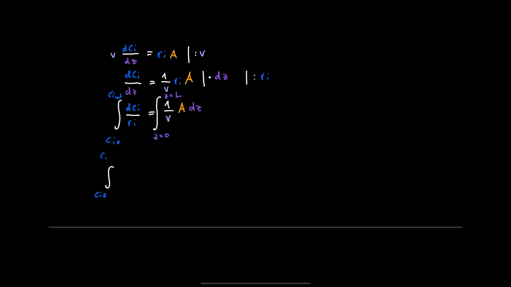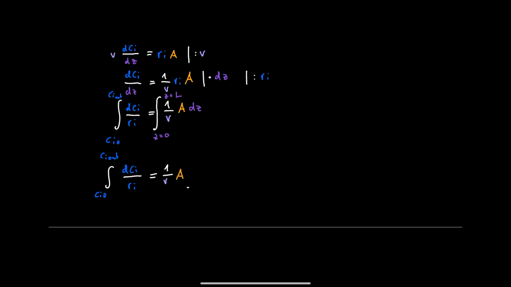So the integral from Ci0 until Ci out dCi divided by ri. The volumetric flow rate and the cross-section area will not depend on the position c. They will be equal at each position c, so we can bring them in front of our integral.